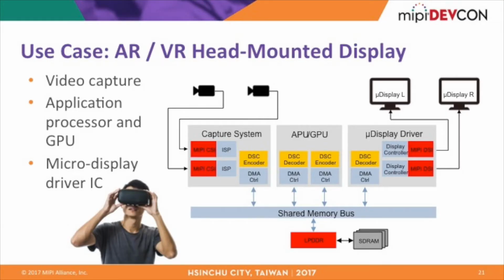And finally, when it comes time to display, you're reading out those pictures to bring them to the left and right displays for the glasses. By adding DSC encoding inside this architecture and storing the video images in the compressed domain, not only do you reduce the size of the frame buffer by 2/3, but you're also shrinking the bandwidth on the shared memory bus.